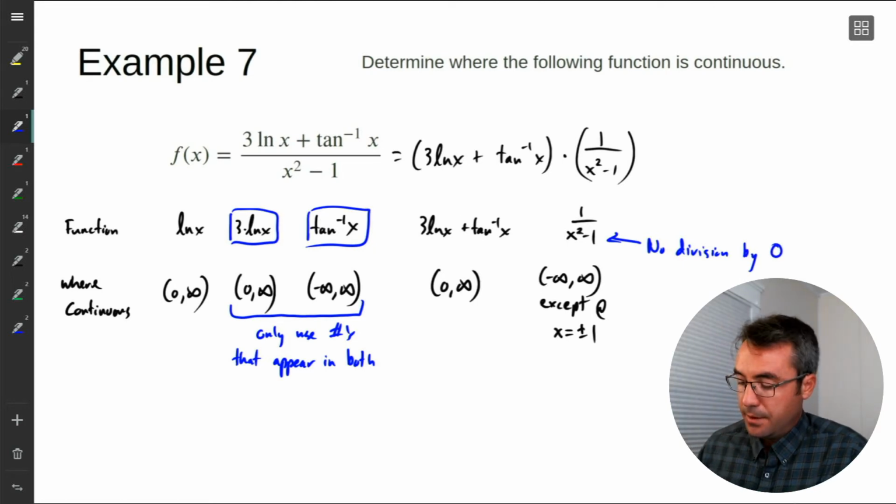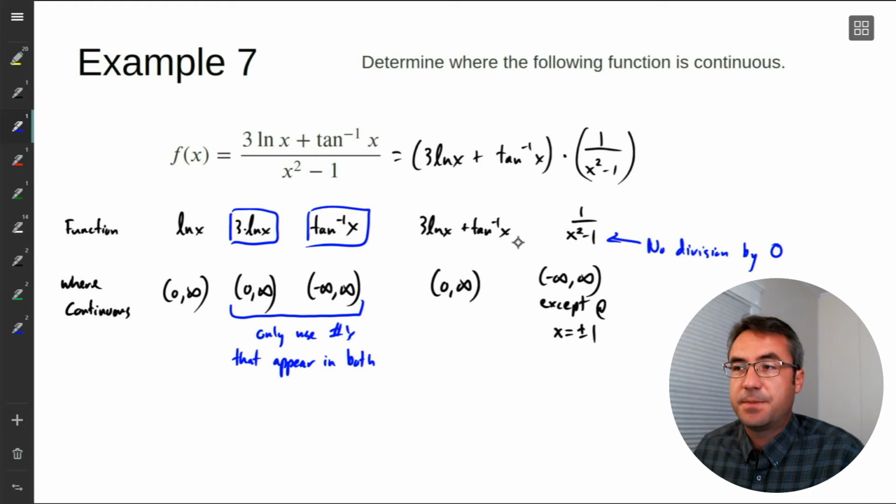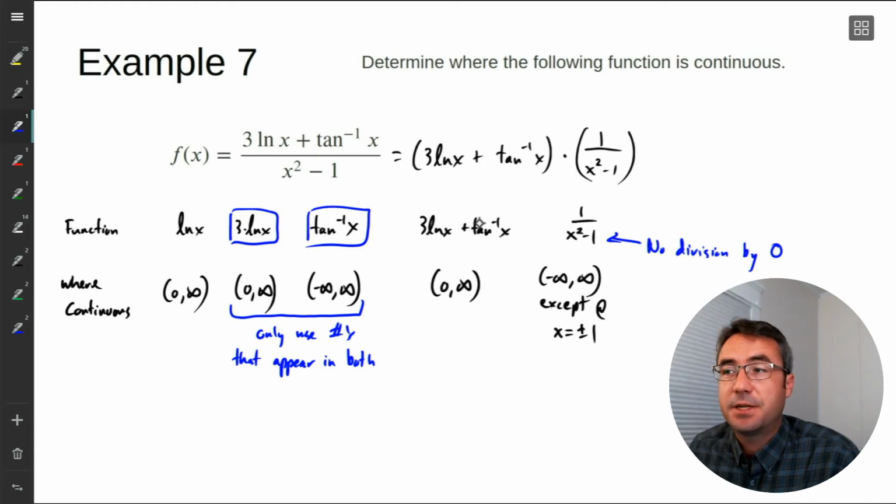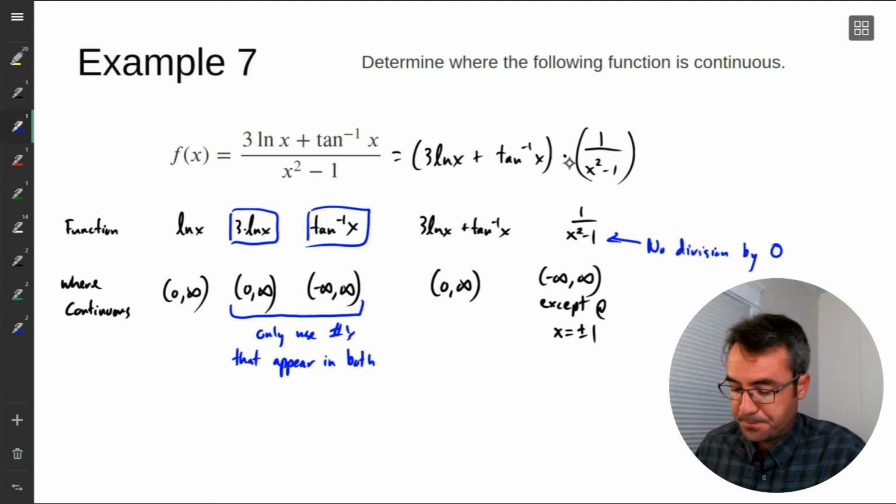All right, so then putting it all together, we have this 3 ln x piece plus the inverse tan, and then we want to multiply it with this rational function.